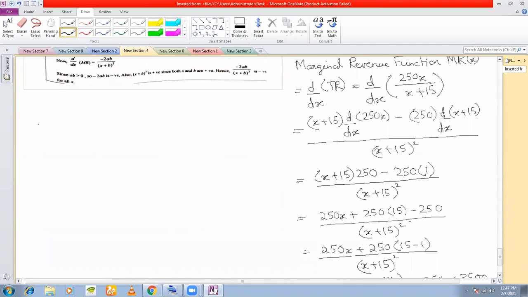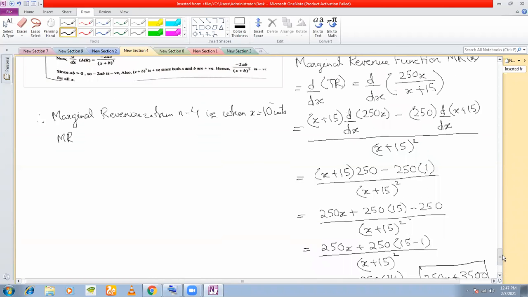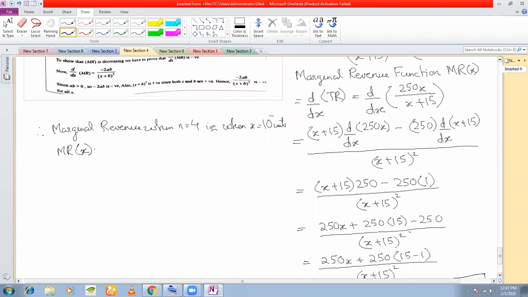So therefore, marginal revenue when n is equal to 4, that is when x is equal to 10 units. MR, you just put x is equal to 10 in the marginal revenue function. You've got the marginal revenue function as this. You put x is equal to 10. MR at x equals 10, sorry.